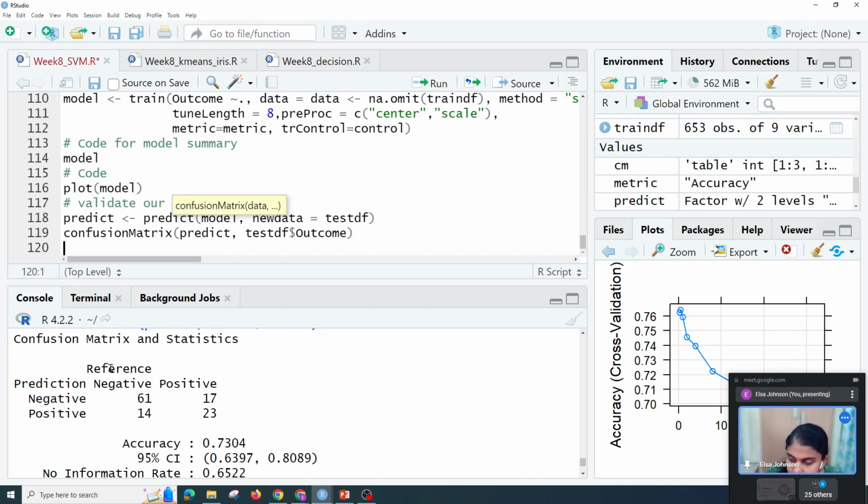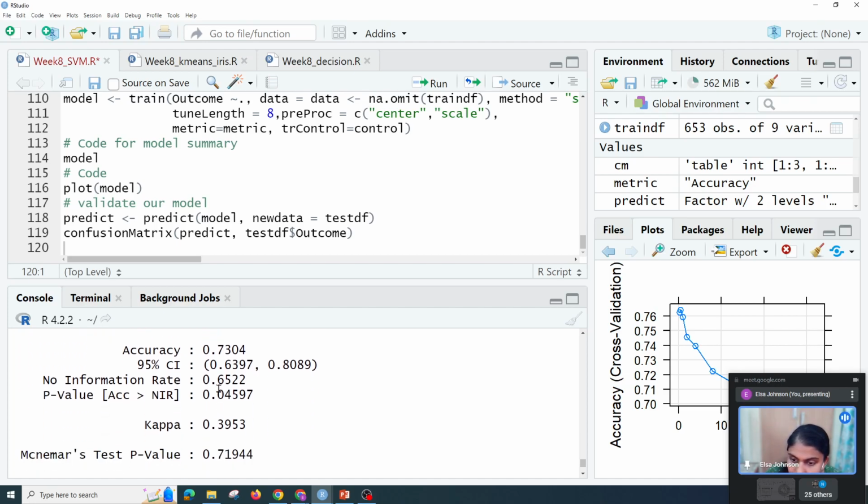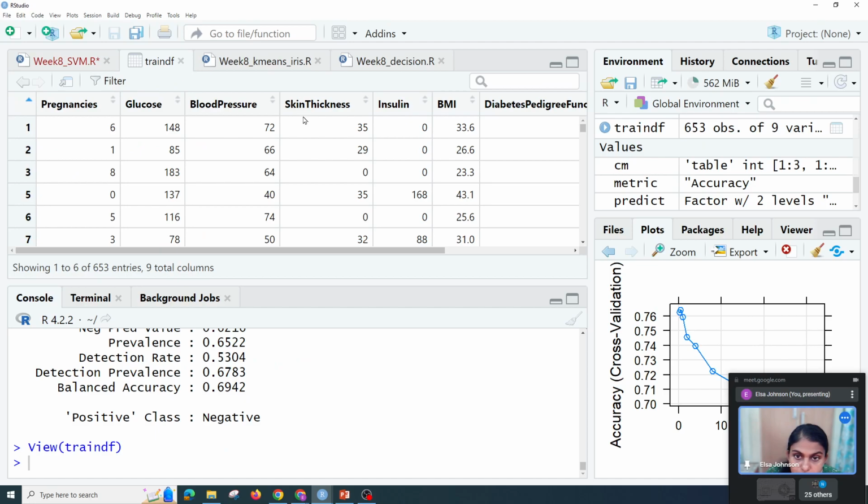Here we have the reference as well as the prediction, negative values and positive values. The diagonals represent true negative as well as true positive. The accuracy has only come up to 73% with the current values. Later we have to do many changes in the data analysis, and in this particular data many things have less feature importance.